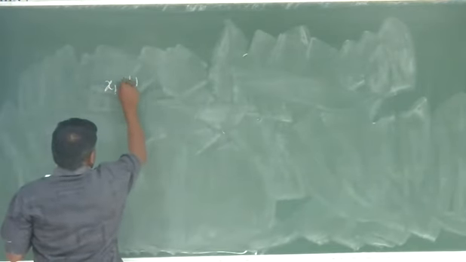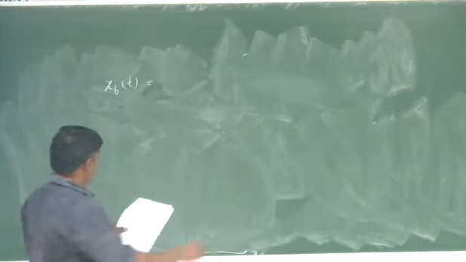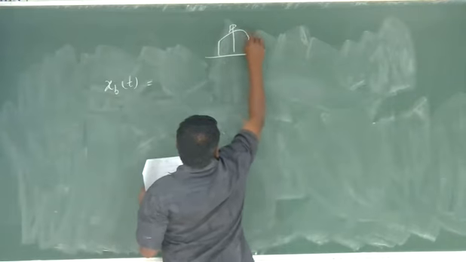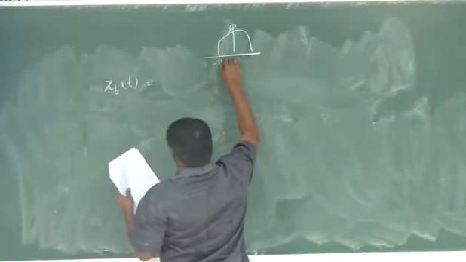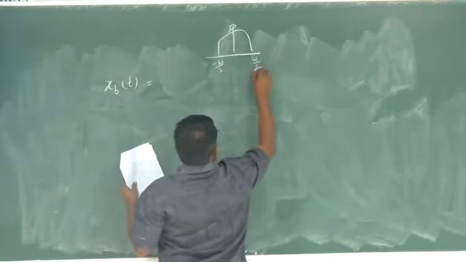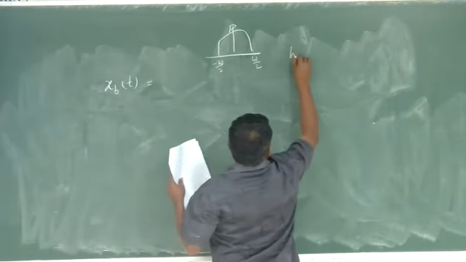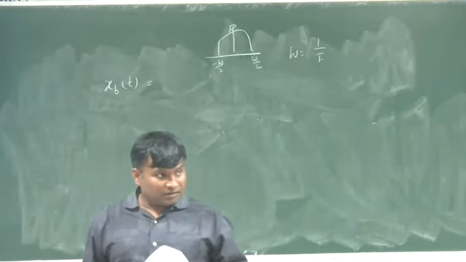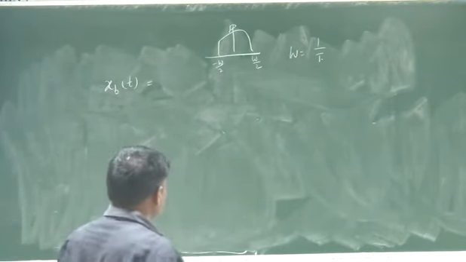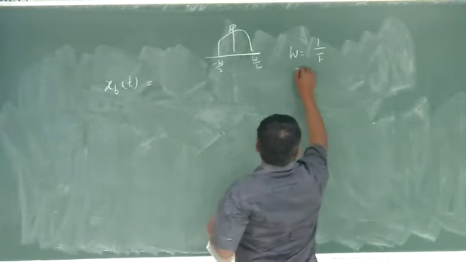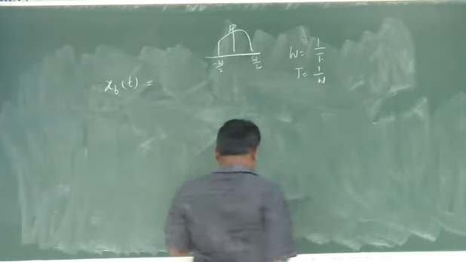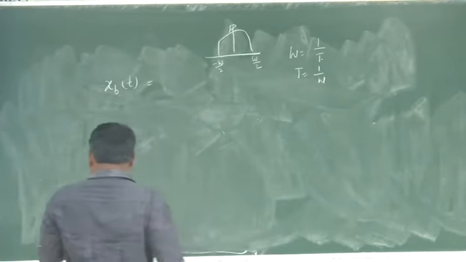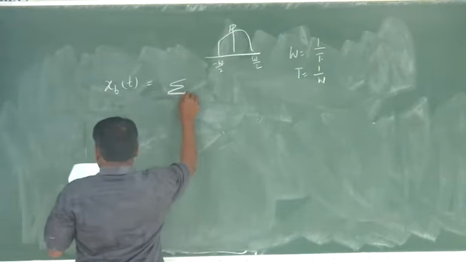Take x, the information carrying signal in its baseband form, an arbitrary signal. The bandwidth here, W, let's say it is equal to 1 over T, or T equal to 1 over W.